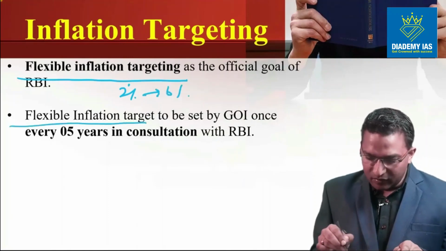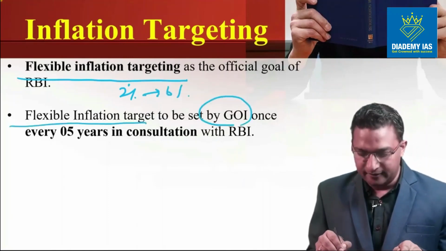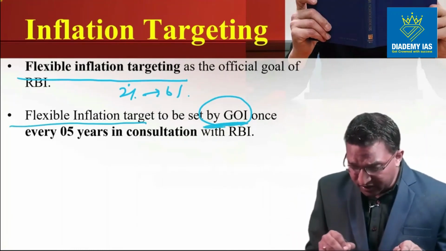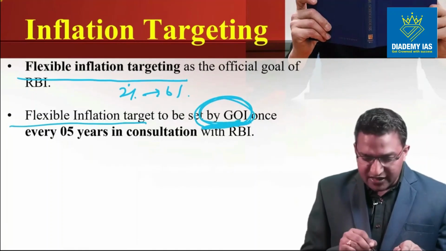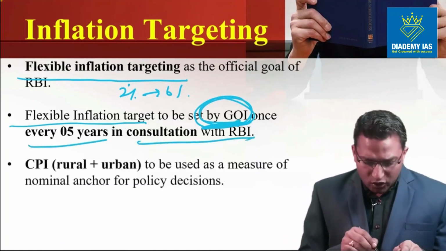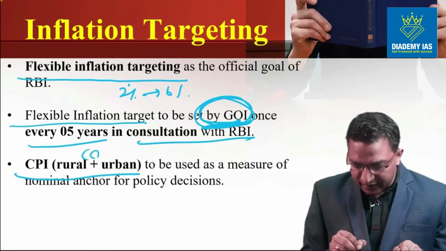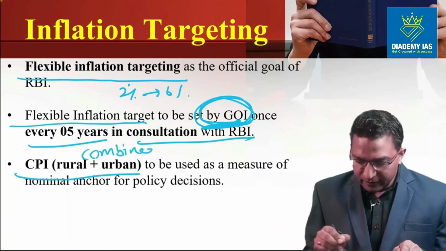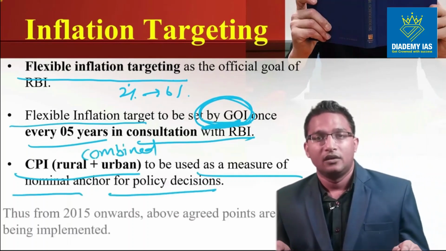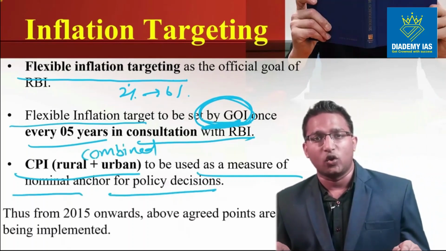The flexible inflation target will be set by the Government of India. Who will set this target? This will be set by the Government of India. This is very, very crucial. Once every 5 years in consultation with the RBI. CPI rural plus urban, that is the combined CPI, will be used as a measure of a nominal anchor for policy decisions. And from 2015 onwards, the above agreed points are being implemented.